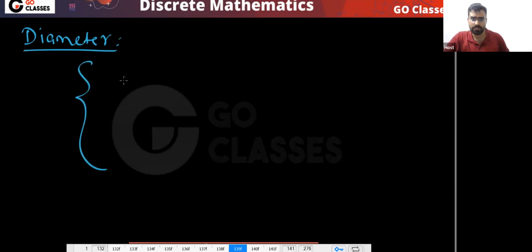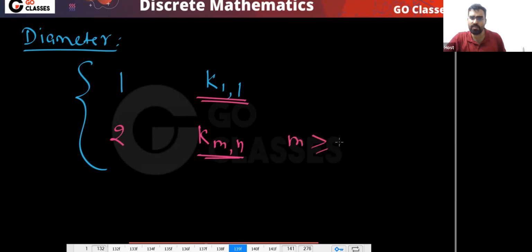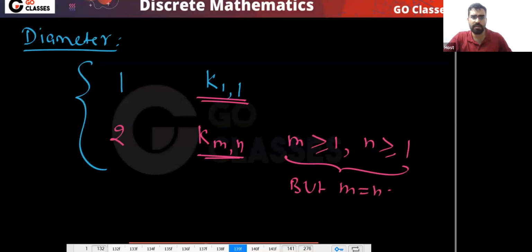What will be the diameter? The diameter will be 1 for K11. And for all other Kmn, where m is greater than or equal to 1 and n is greater than or equal to 1, but not K11.